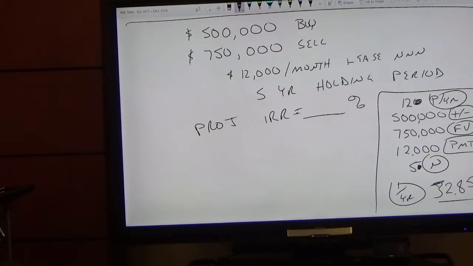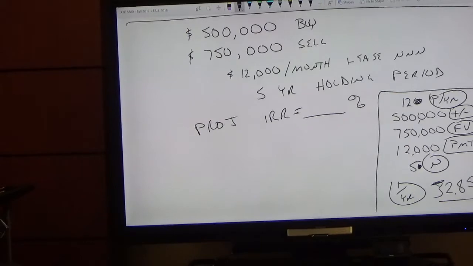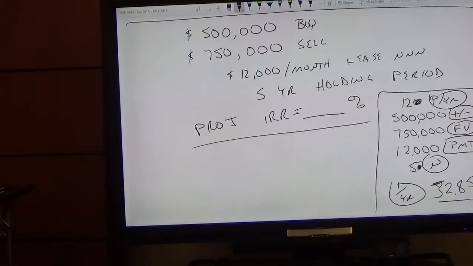Okay. Now, there is another way to do this, and that would be, once again, you set it up 12 payments per year, and you do it as a cash flow. That's what I do. So you do 500,000 as your initial cash flow.